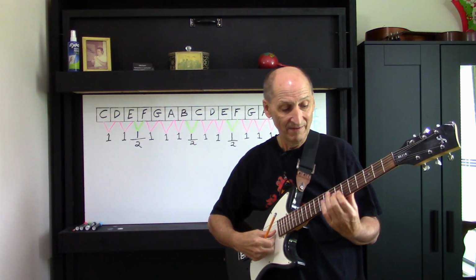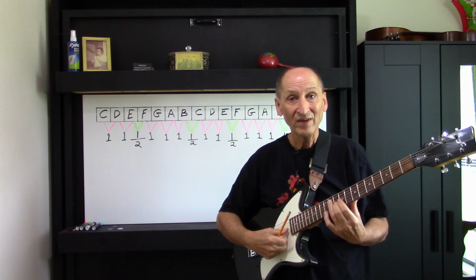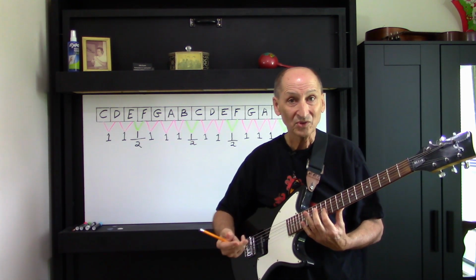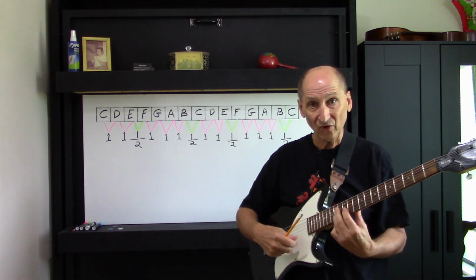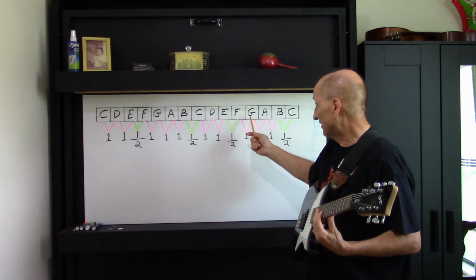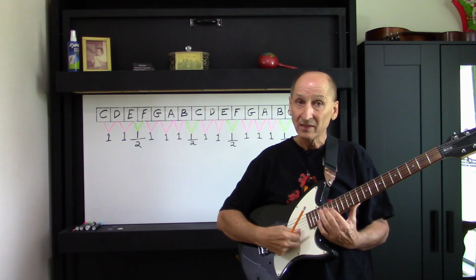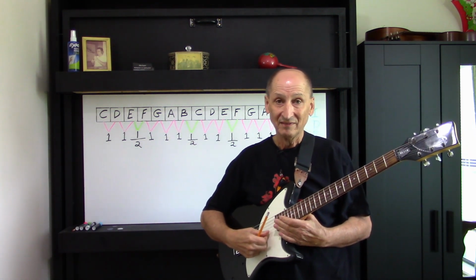C to D, D to E, E to F, half step, F to G, whole step. And by the way, if you want to go further, it repeats itself. G to A, a whole step, A to B, a half step, B to C, and so forth and so on.